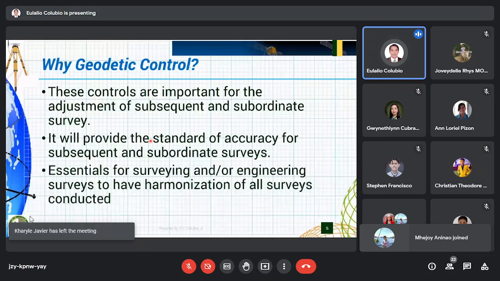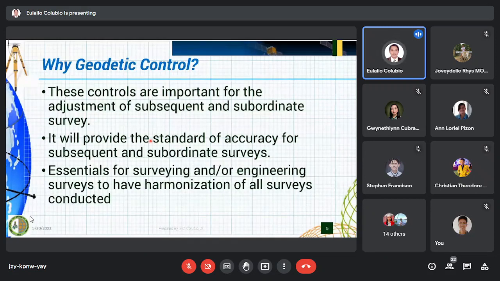NAMRIA also uses them if there is a movement of the tectonic plate.